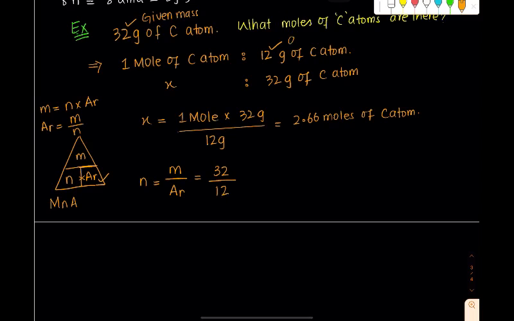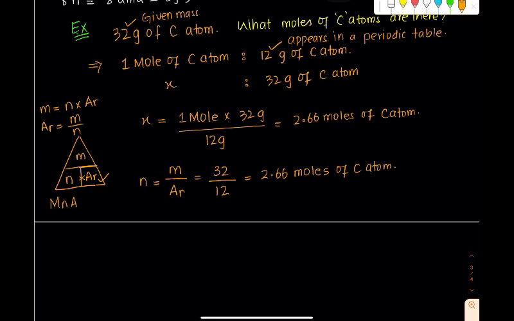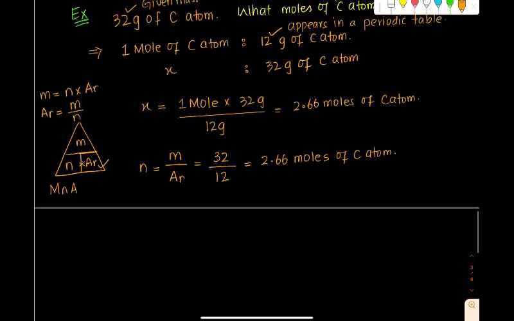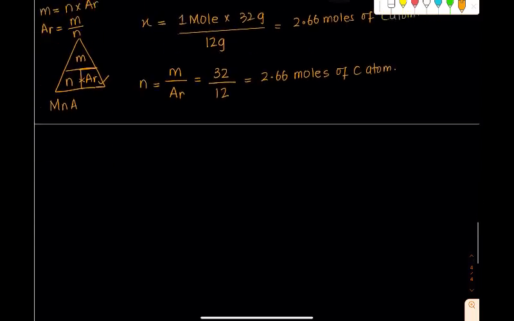This is what appears in the periodic table. So 32 over 12, we pretty much end up with the same answer, 2.66 moles of carbon atoms. Yeah, we did it. Now let's look into one example for the molecules.